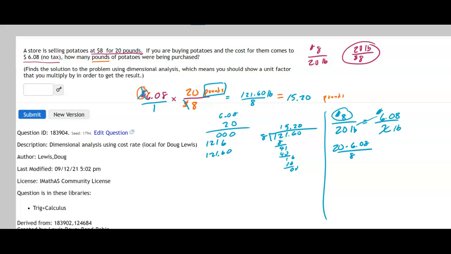We get 121.60 over 8, which gives us X pounds, and 121.60 divided by 8, which we already got, is 15.2.